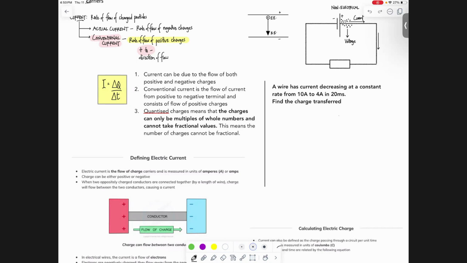Milli stands for 10 to the power minus 3. Yeah, so that would give it.